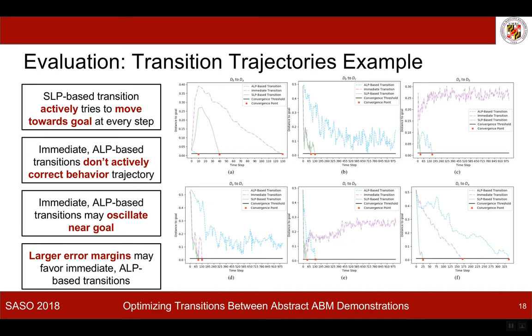This is probably because the SLP-based transition actively moved towards the goal at every step, while the immediate and ALP-based transitions don't actively correct behavior trajectory. Consequently, the immediate and ALP-based transitions have a tendency to oscillate near the goal.